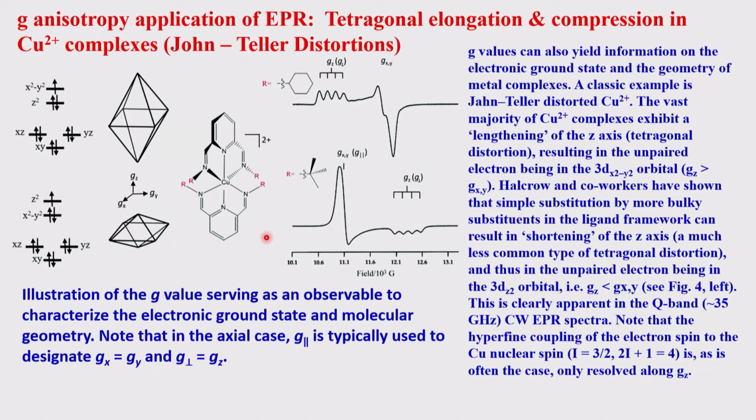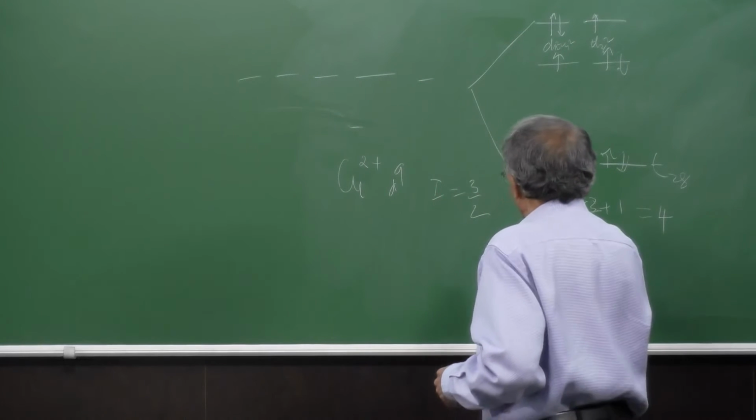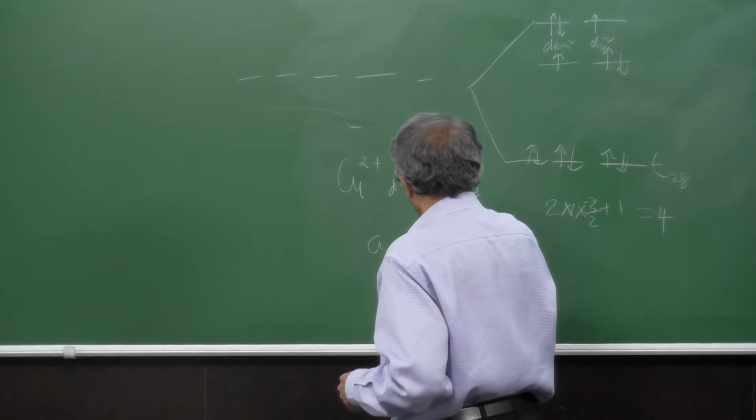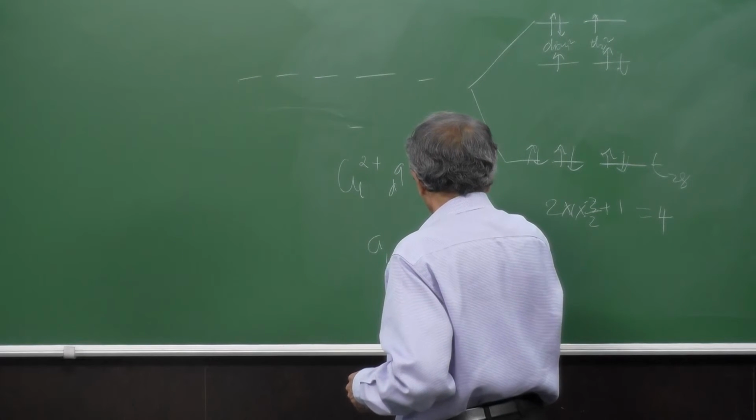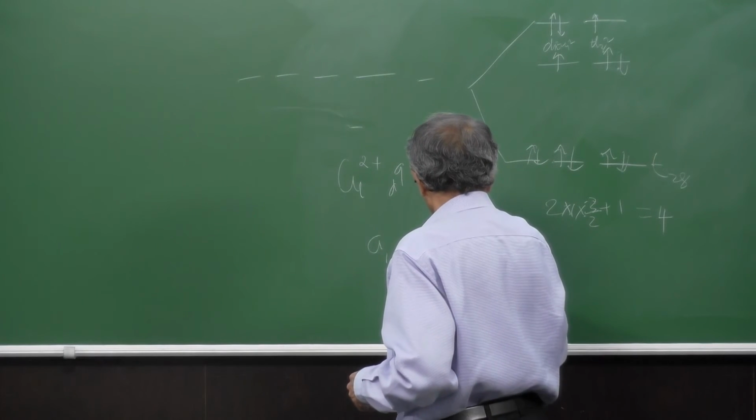Okay. So it is not that it is one single peak, this is also having the 4, but it is not resolved at that frequency or at that field that is being used, where the separation of A parallel here in this case versus A perpendicular is what determines that.